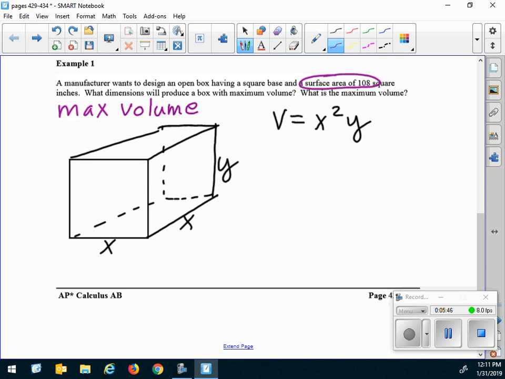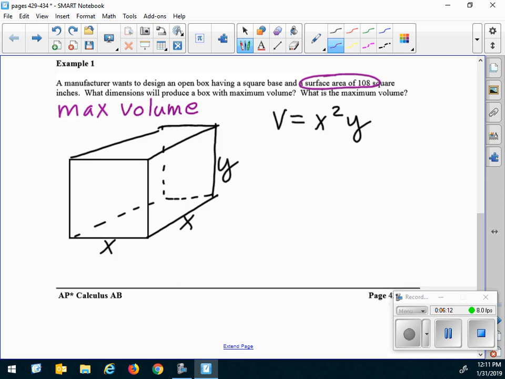I want you to look at the picture. Can we write an equation for surface area? Remember, it's an open box. Surface area is just the area of all the sides added together. What's the area of the base? What's the area of the front? And what's the area then of all 4 of the sides?